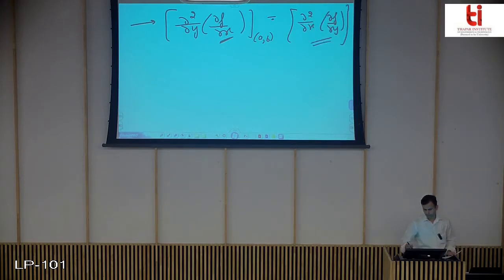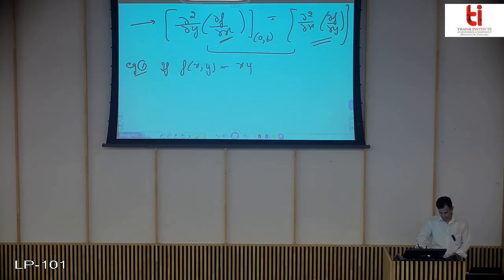You can follow any order, provided the partial derivatives are defined and continuous. So what is the use of this theorem? Let us consider an example, and see how it will help you in partial differentiation.